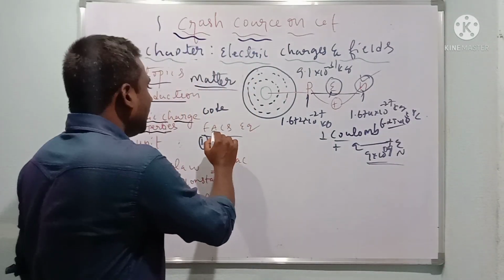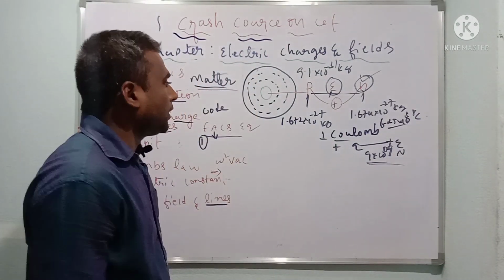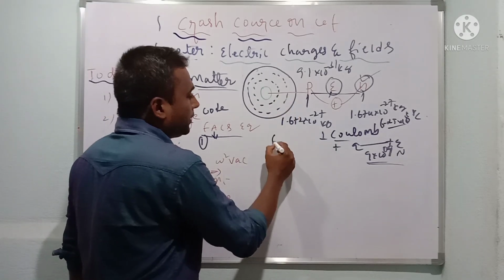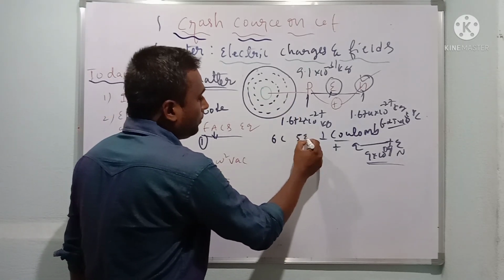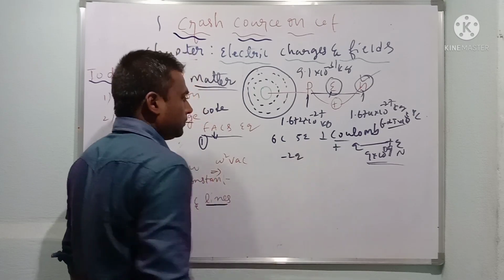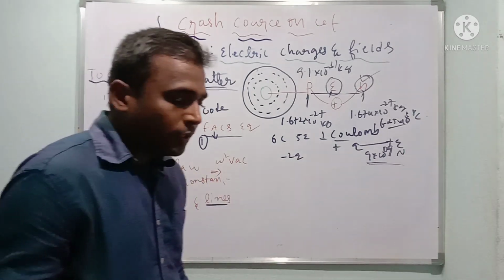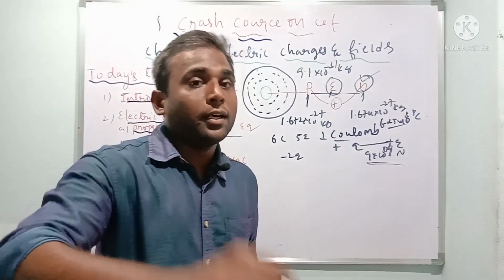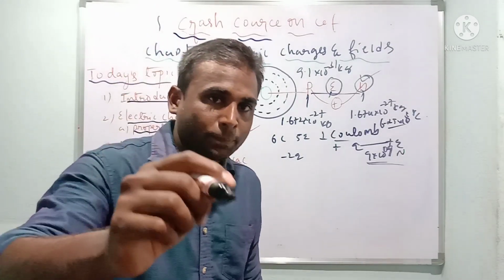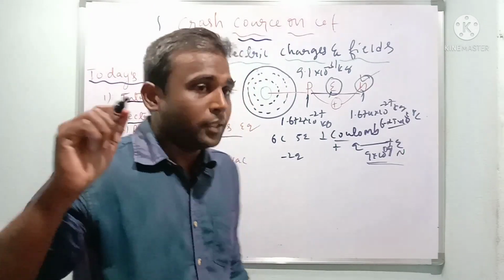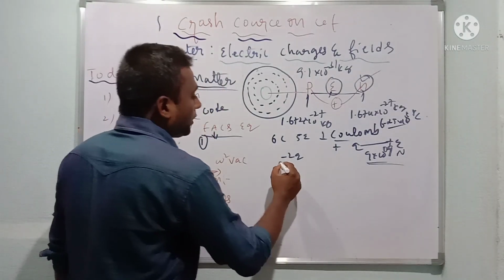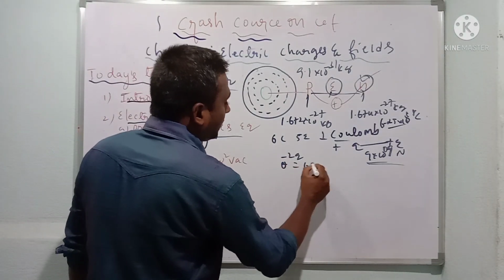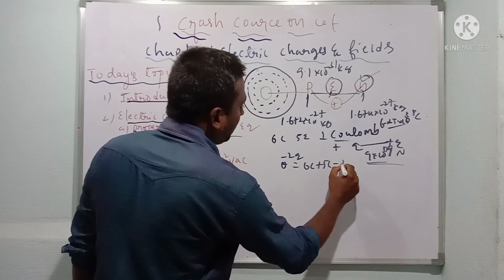Second point, additivity. Suppose in this system 6 Coulomb, 5 Coulomb, and minus 2 Coulomb are there. The total charge in the system is the algebraic sum of all the charges present in the system. So total charge is equal to 6C plus 5C minus 2C.